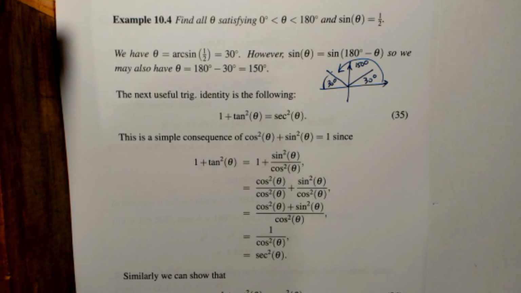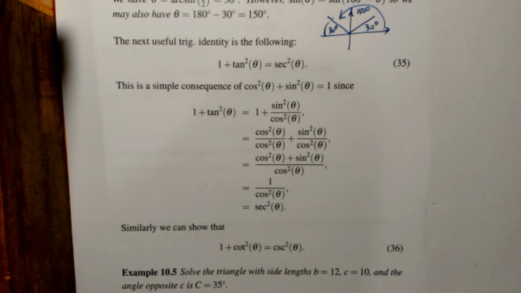So we've got cos squared theta plus sine squared theta all over cos squared theta, but the sum of those two is equal to 1. So we have 1 over cos squared theta, which is defined as sec squared theta. Similarly, you can show that 1 plus cot squared theta is csc squared theta, or cosec squared theta, using the same trick.